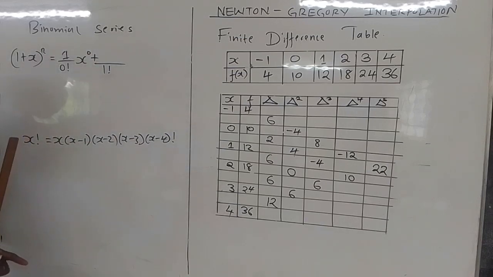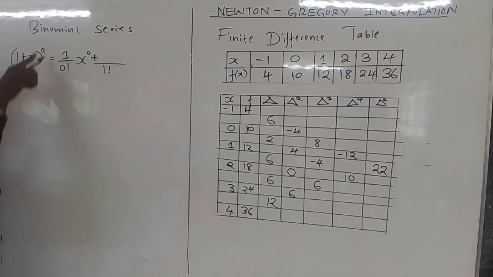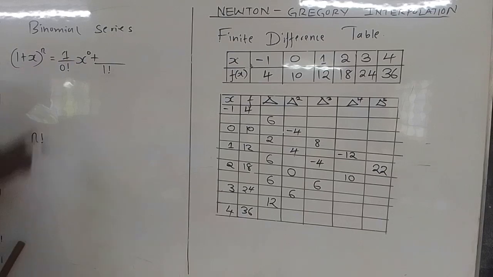Are we together? That was just for x, but actually I'm expanding for n. So when I'm expanding for n, I want to talk about n factorial, isn't it? In this example, I'm making a case of n. That was just an explanation of expanding a factorial. Because it is this n factorial we want to deal with, isn't it?